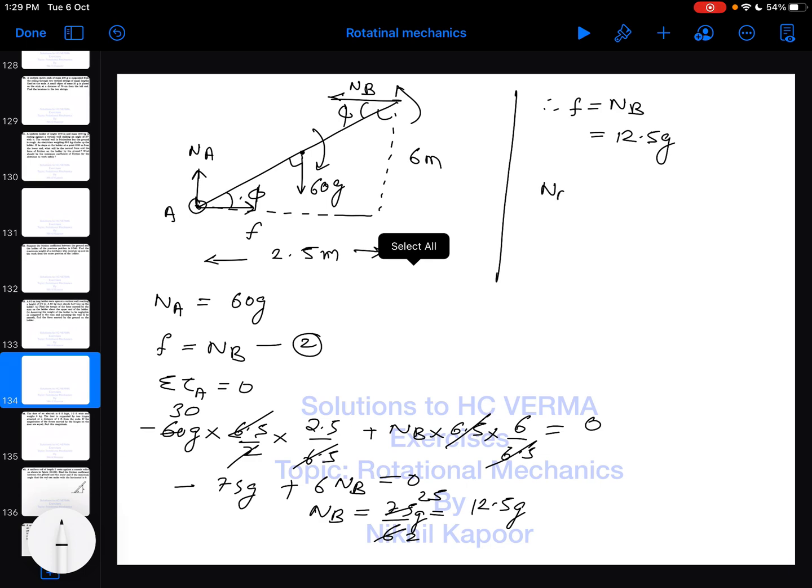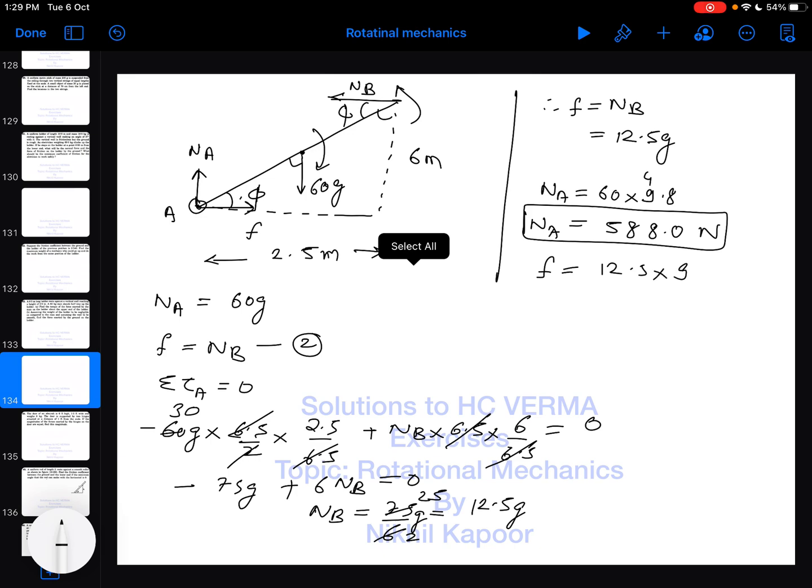So let's multiply now, finally. As NA is 60 into g, that is 60 into 9.8. So 6 8s are 48, 4 carry, 6 9s are 54 plus 4 is 58, 1, 0, decimal point after one digit. 588 Newton is the force exerted by the ground in vertical upward direction, while frictional force is 12.5 into 9.8.